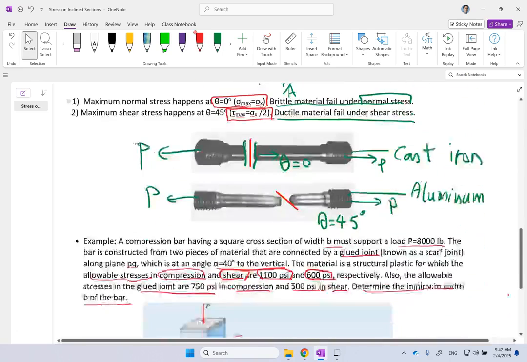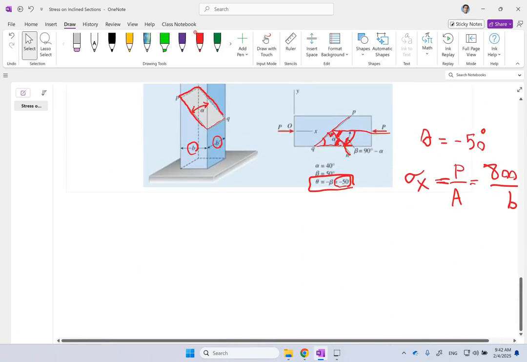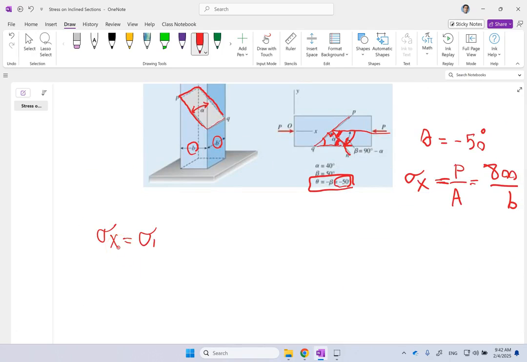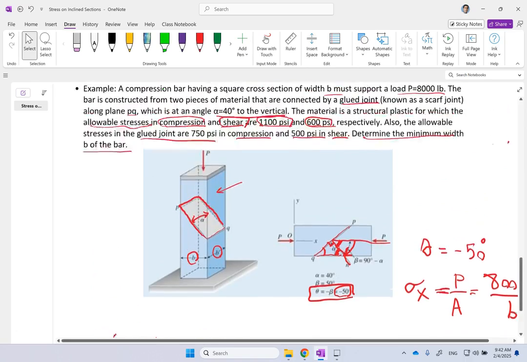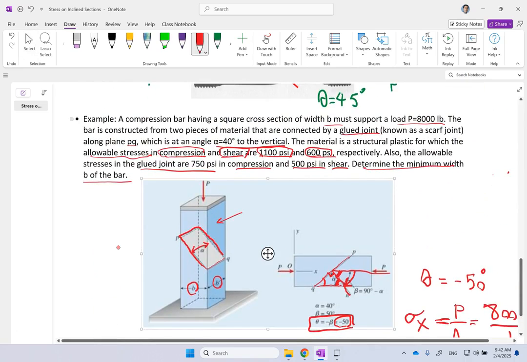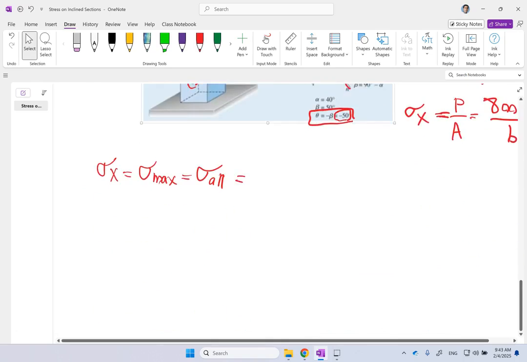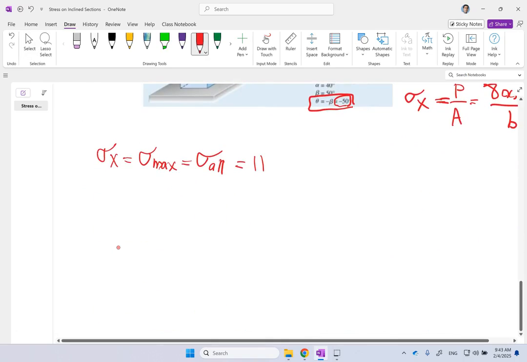Yes? So if I go ahead and say, well, sigma x equals the maximum sigma, and maximum sigma in this case is the same as the allowable sigma for that material, and that number, if you look at it, basically it was 1100 psi.